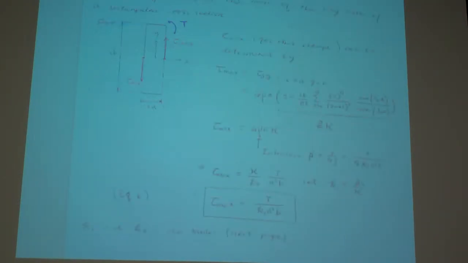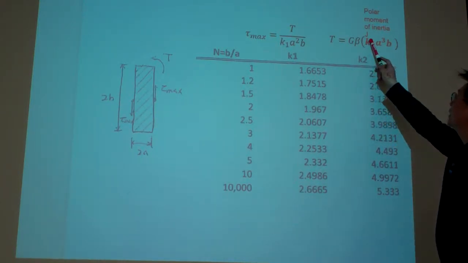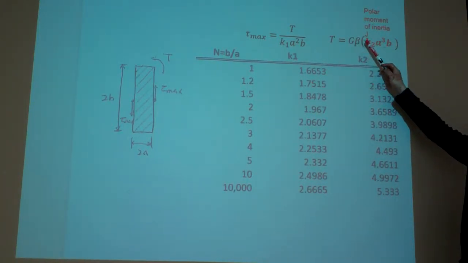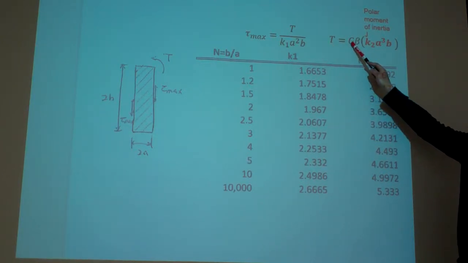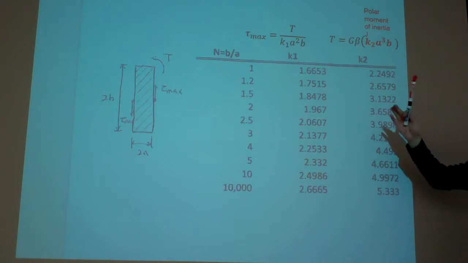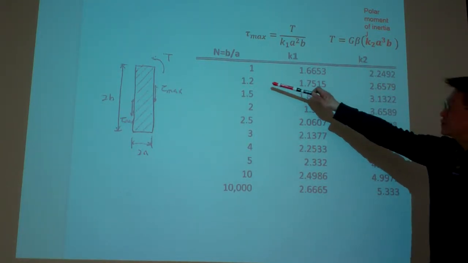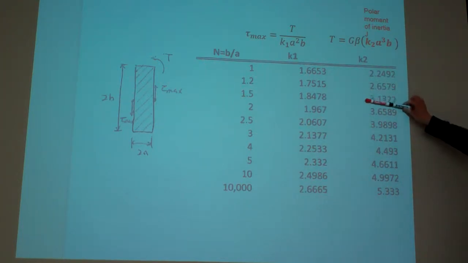Okay, so that's the K1 and K2. So from the previous calculations, our T equals G beta, and that is the number. This one basically replaces all the messy, very long terms in terms of calculation with respect to different aspect ratio.